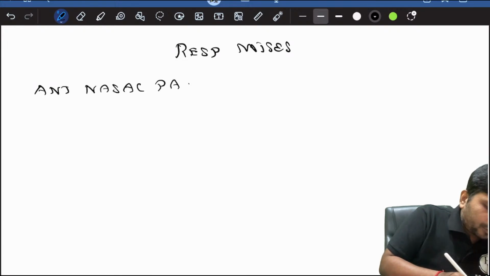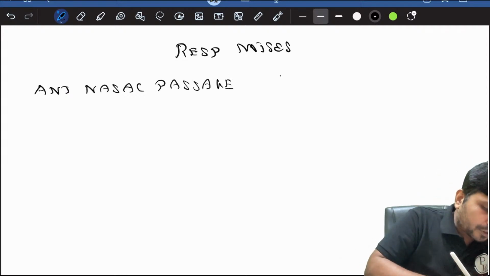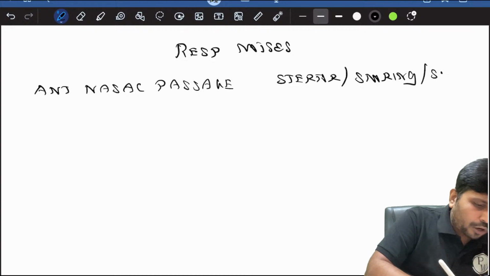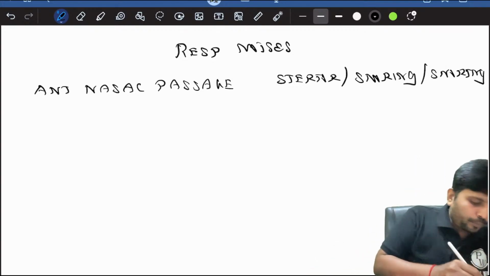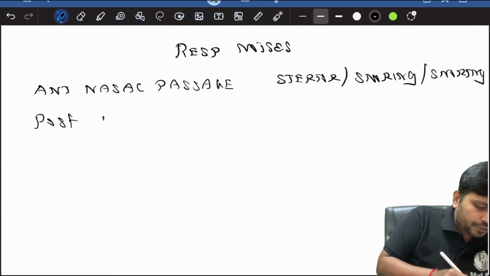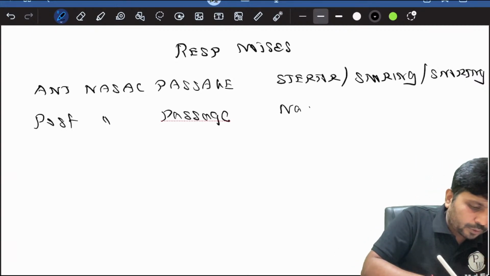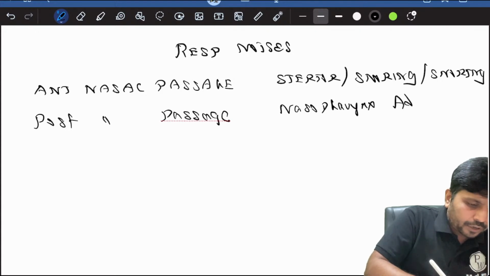Whenever you have an issue in the anterior nasal passage, the sound produced is called stutter, or snoring, otherwise known as snorting. Posterior nasal passage is nothing but your nasopharynx. Just now you saw nasopharynx, that is adenoid.